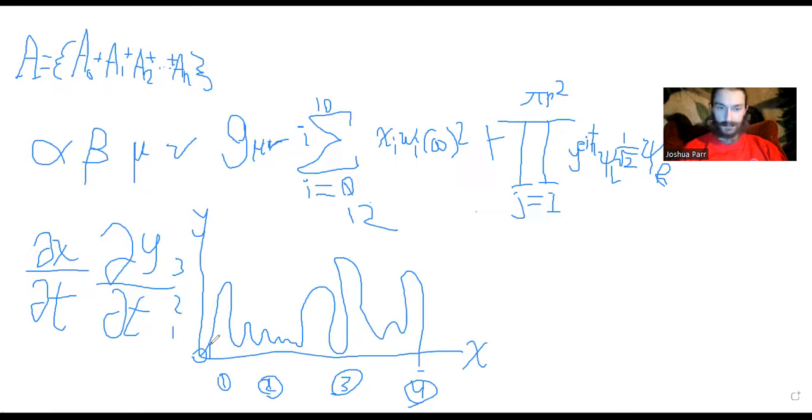But so I'm going to take chunks. Sorry, that's not very straight. We're going to take some chunks. Anyway, you get the picture.